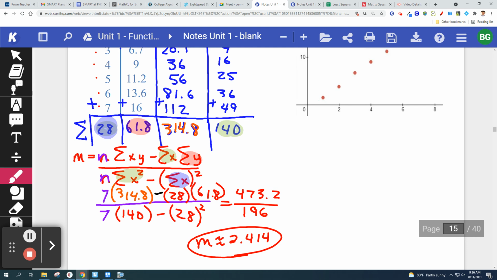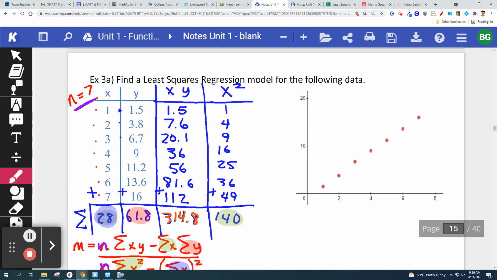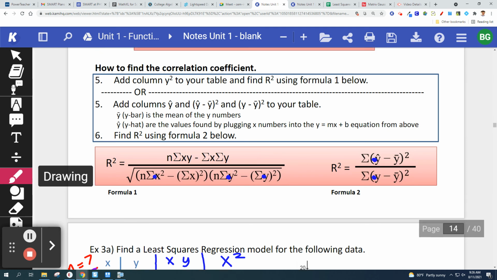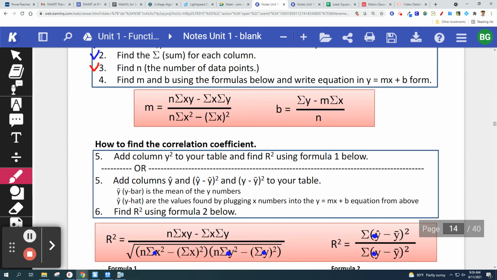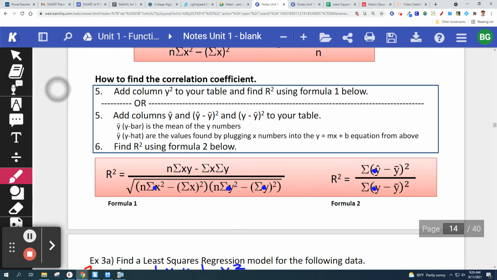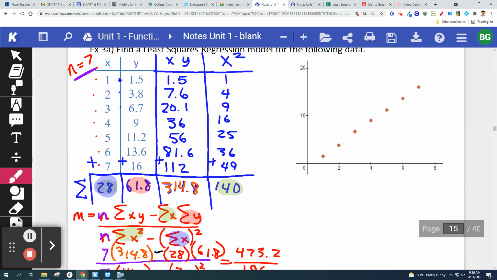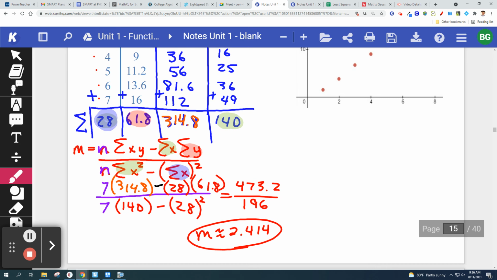Okay. B is a little bit easier. Look at your equation. The equation for b was this one over here, and it starts with sigma y. B equals sigma y minus m times sigma x, all over n.